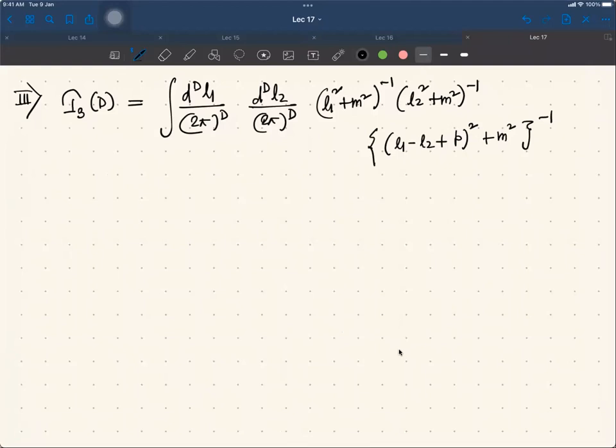In fact, we can simply consider, instead of L1 minus L2, I can send L2 to minus L2. So this will be P plus L1 plus L2. So let me write it that way.